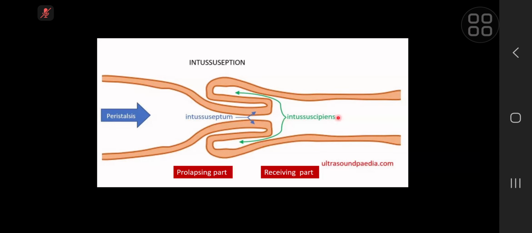So this is the direction of peristalsis. This segment which goes in the prolapsing part is known as intussusceptum, and this one which receives the intussusceptum is known as intussuscipiens.